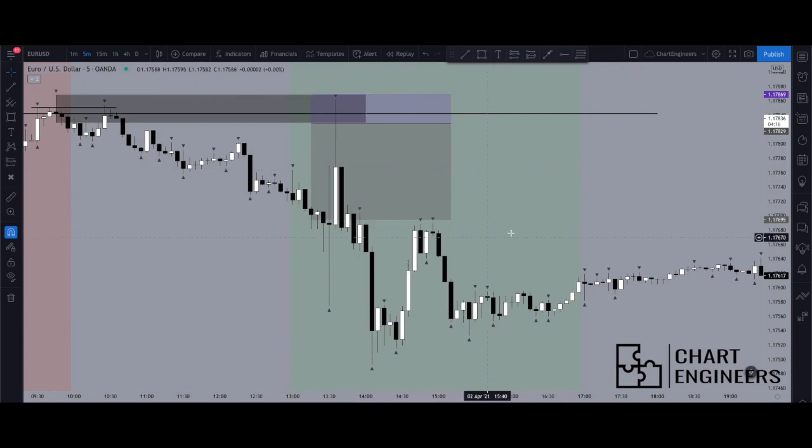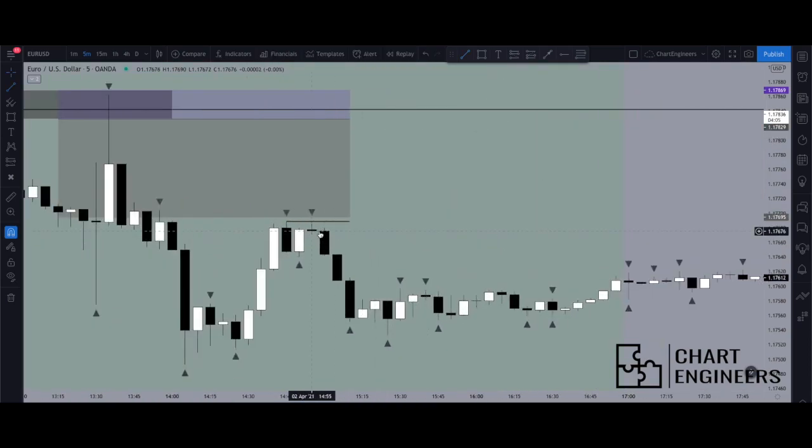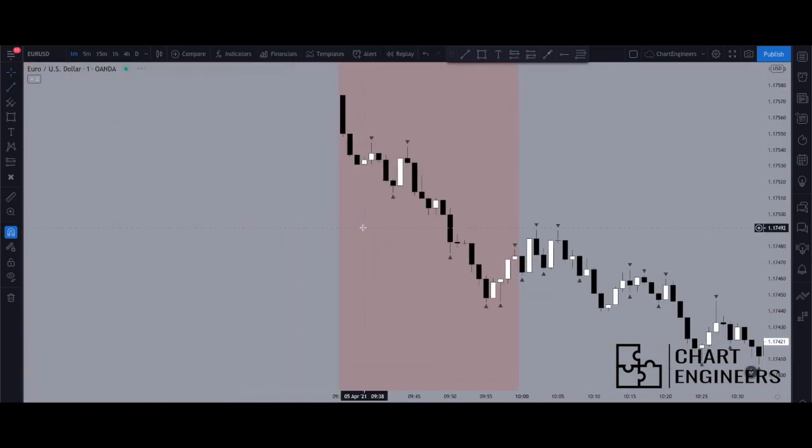So no raid over here, no raid over here, and we get a small raid over here. Just mark it out, and we'll just see if we actually got an entry.